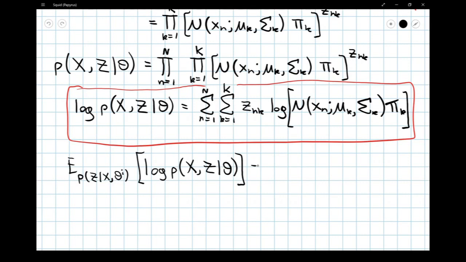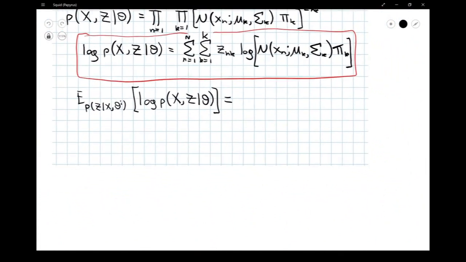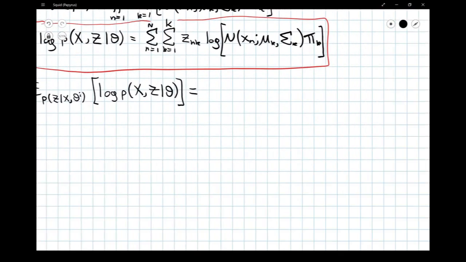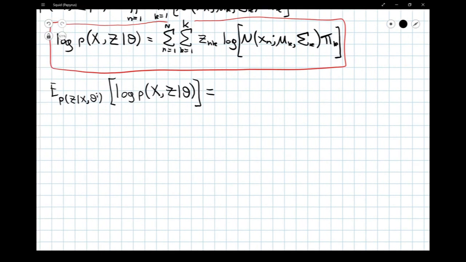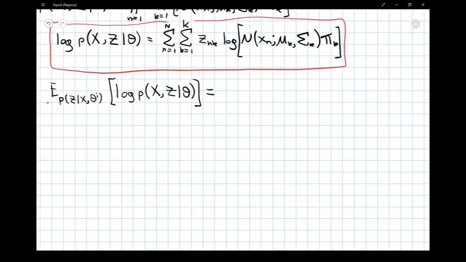And that will be equal to, well, we've only got one z in here. Again, we're going to use this notation here. We explicitly say it's the expectation with respect to the probability of z given x and theta i.